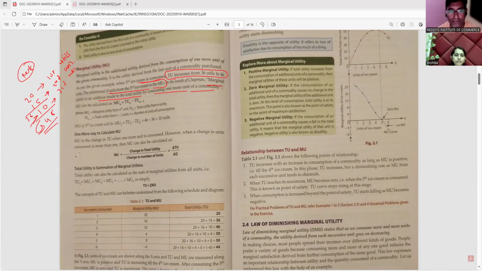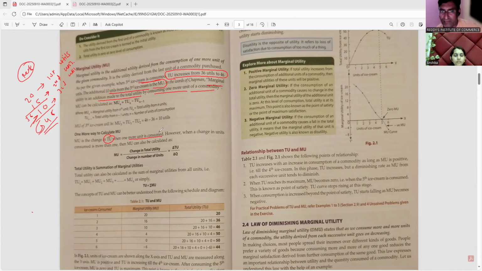So how do we calculate it numerically? Let's see the examples. MU is the change in TU when one more unit is consumed.